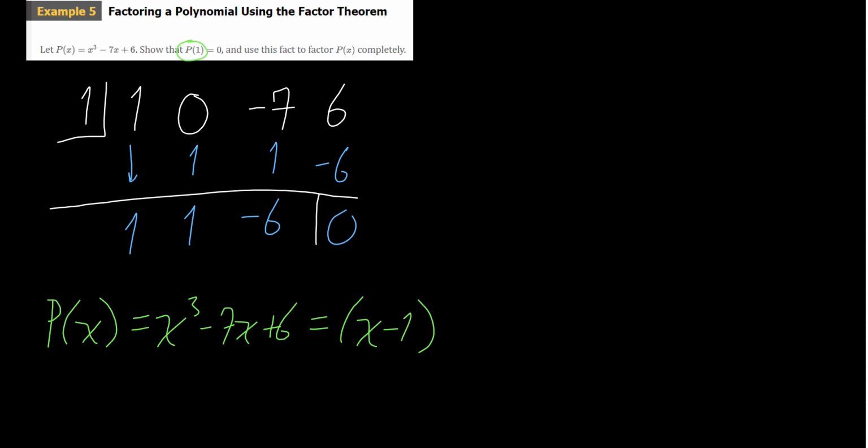That tells me that is the factor. Then this is a third degree polynomial. I factored it by a first degree polynomial, so this would be an x squared and an x. So I'm going to write the quotient, and I'll put it in blue to really drive the point home. I'll say x squared plus x minus 6.